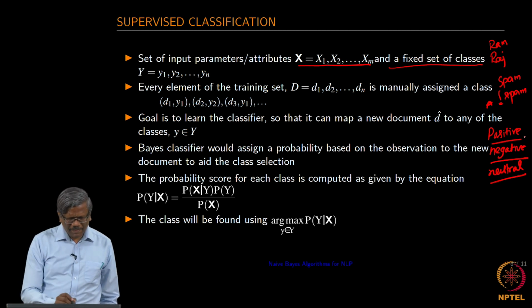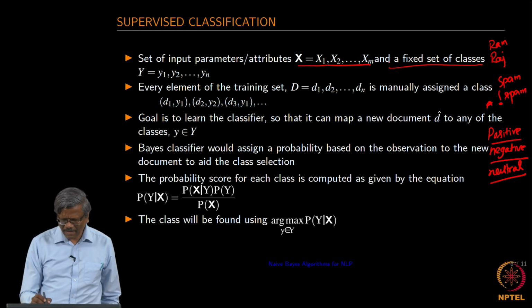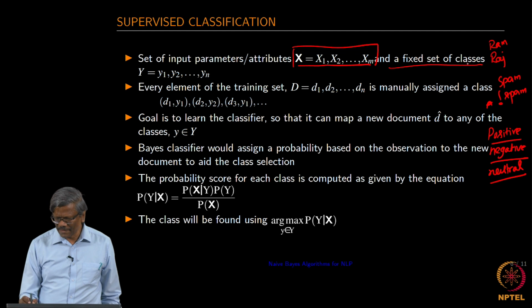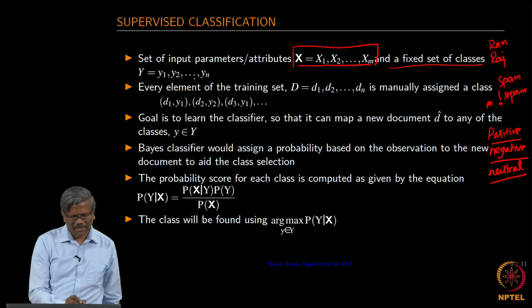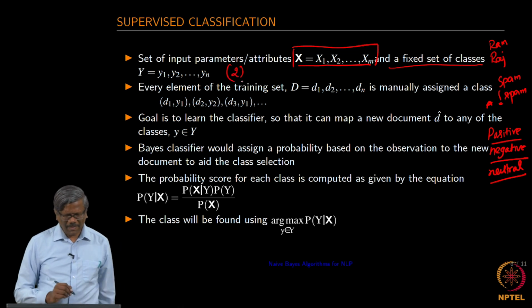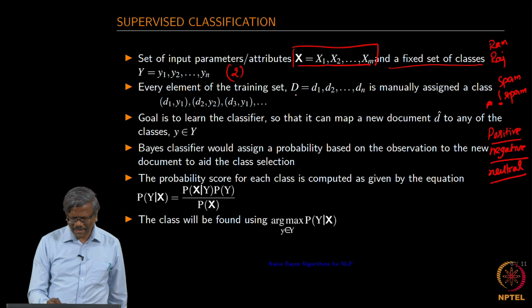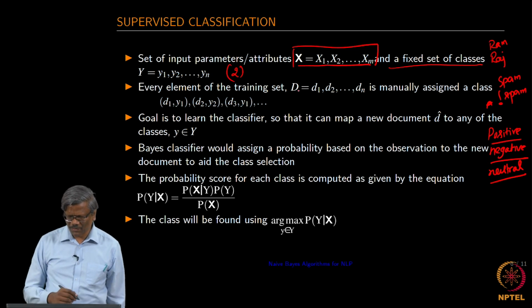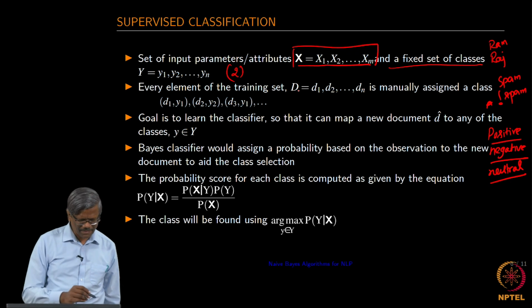Now we are going to be looking at various attributes of x with varying length, and we have a fixed set of classes y, which is y1, y2, up to yn. In this case, as I mentioned, we have only 2 classes. Every element of the training set, which we can consider a document 1, 2, 3, 4, 5 and so on, is manually assigned a class.